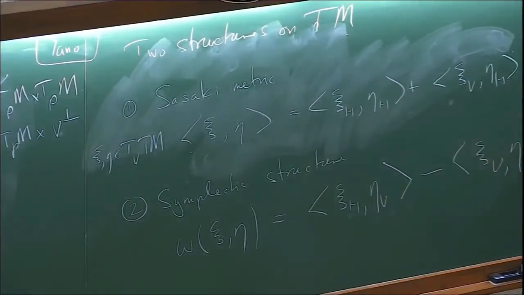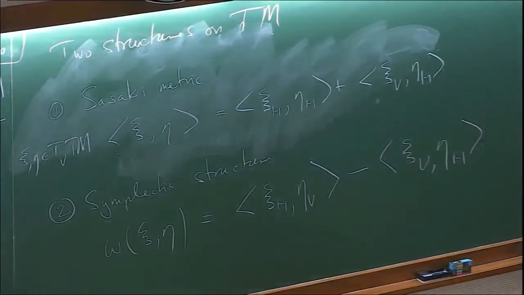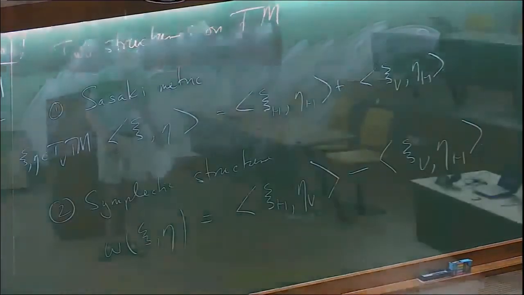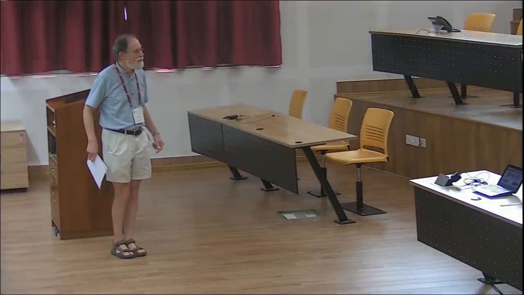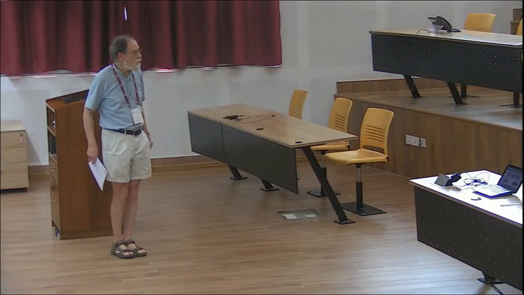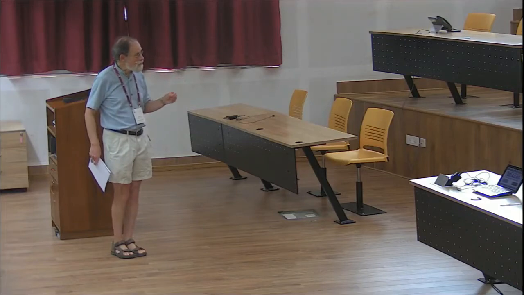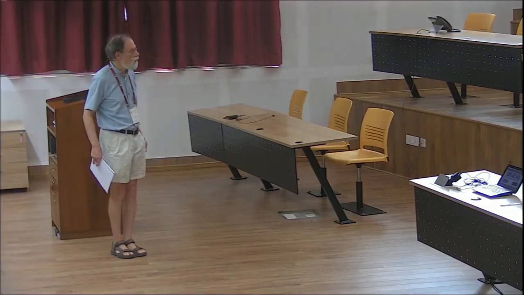I think that's h. Okay, it's that. Or maybe it's minus that. I can't remember. You know, one or the other, it doesn't make too much difference. I hope this is the right one. Okay, this is obviously a two form. There's a little bit more to being a symplectic structure. This is supposed to be a closed two form.